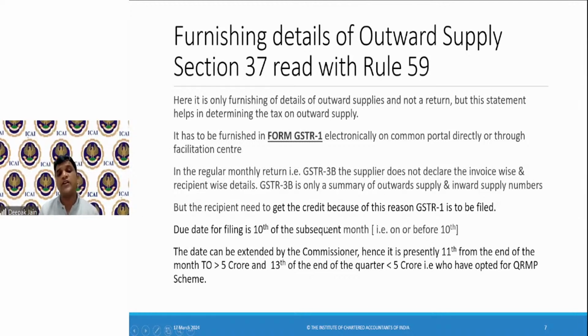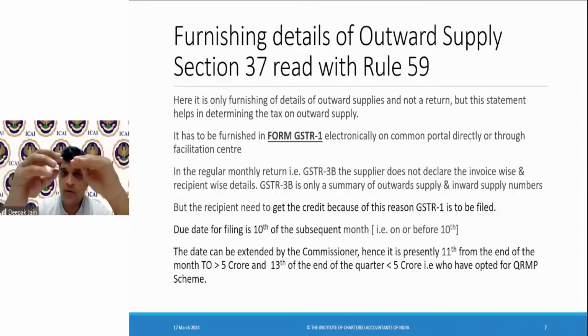But the recipient needs to get the credit, because of this GSTR-1 is to be filed. Because if GSTR-1 is not there, how will the recipient claim the credit? He will claim based on his purchases. But the government wants कि जैसे 26AS है in income tax, वैसा एक system बने कि अगर मैं आपको supply करता हूं तो आपको उसका credit मिलना चाहिए ना कि किसी और को.